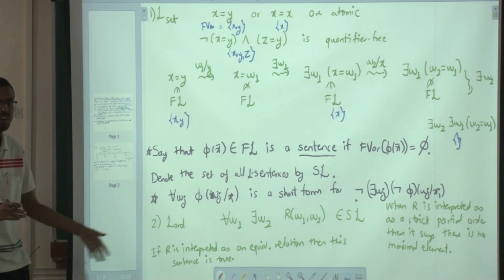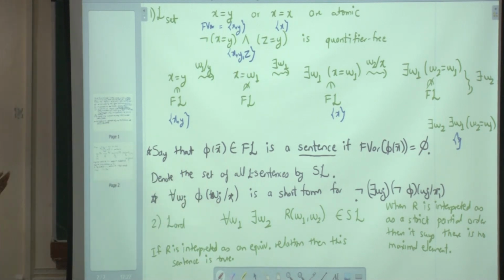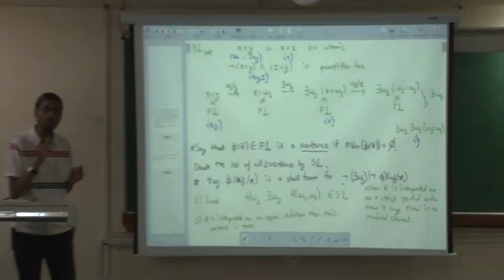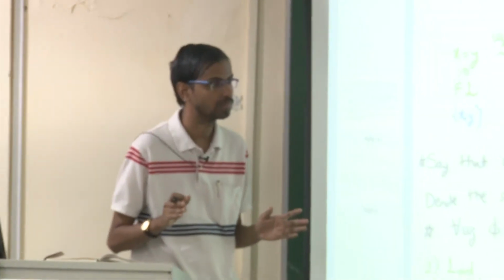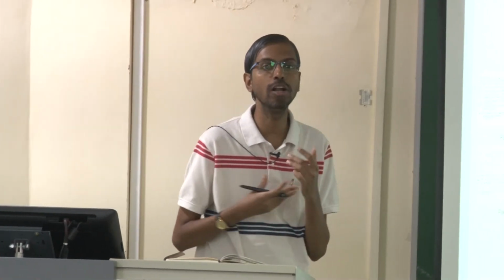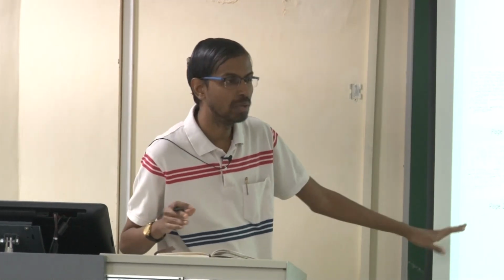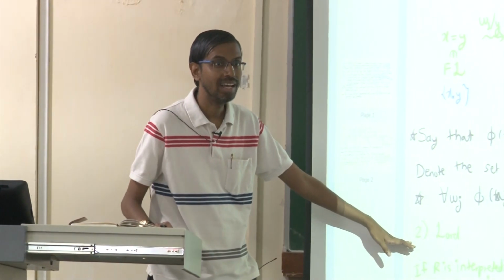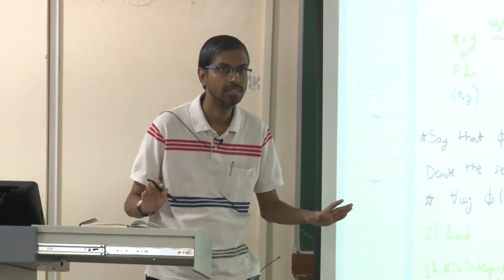As soon as it is reflexive, this sentence is always true. Even though we haven't said what is truth of a formula yet, I think all of you can understand that this sentence is true when R is interpreted as a reflexive relation. So formulas themselves do not mean anything. They are just formulas.